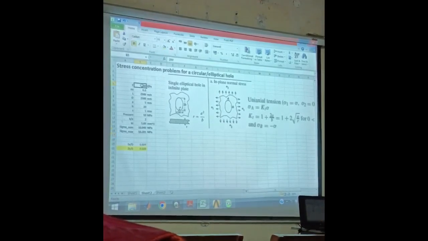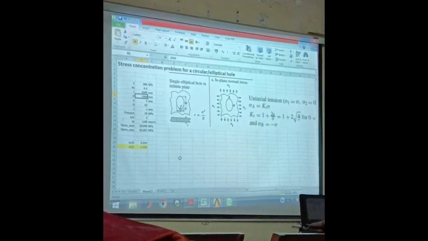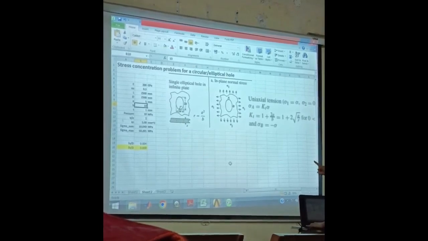So Young's modulus 200 and 0.3 by default, structural steel. So let it be length this, B. So I am now taking an infinite plate. Now let it be this way. A is 5 and B is 10. A is 5, B is 10.